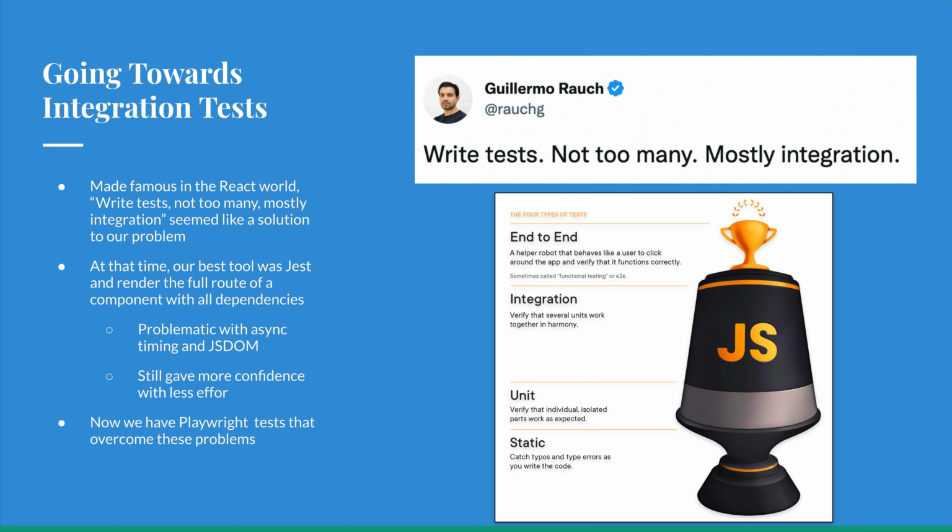Now we have Playwright, which can overcome these problems and can retry assertions and commands, so you don't need to worry about the actual timing with async. And it can run in the same browser as the user, like a real Chrome browser, for example, which gives more confidence because we're testing closer to the real user experience.